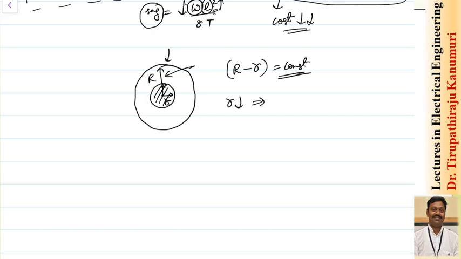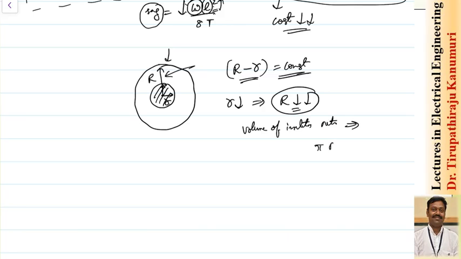When the size of the conductor is decreased, to maintain capital R minus small r, the outer radius automatically decreases. When the outer radius decreases, the volume of insulating material required also decreases, because it depends on pi into capital R square minus pi into small r square, multiplied by the length of the cable.